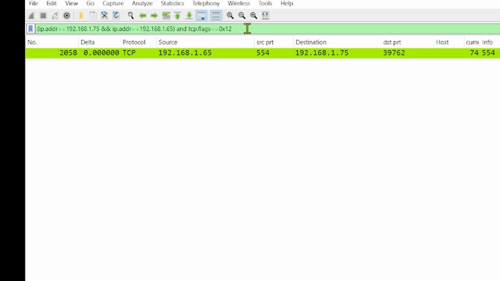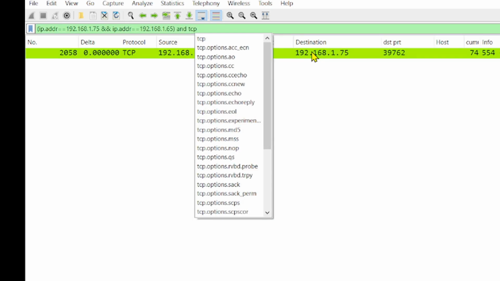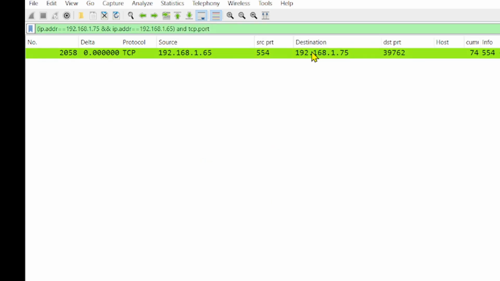Isn't that awesome? We are going to take out this SYN-ACK, and I'm going to do a TCP port equal 554. So I want to see this communication between these two machines, but I specifically want to see only this. So that will give me the SYN-ACK, and maybe an ACK.